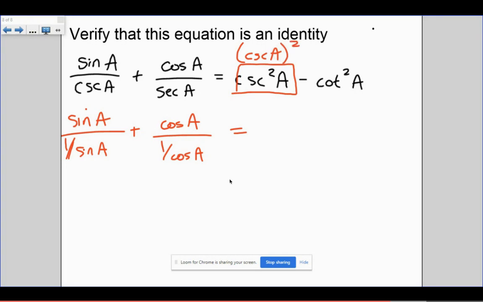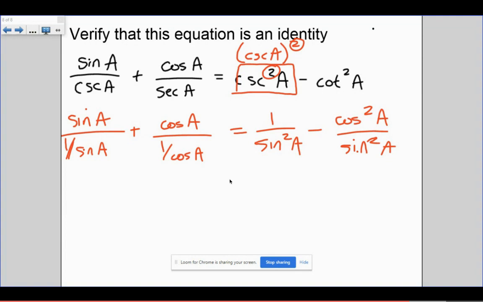So that's why I'm allowed to rewrite cosecant of A as 1 over sine A and cosecant squared A as 1 over sine squared A. And then I'll use the same idea with cotangent squared. Cotangent is cosine over sine, so cotangent squared is equal to cosine squared A over sine squared A.